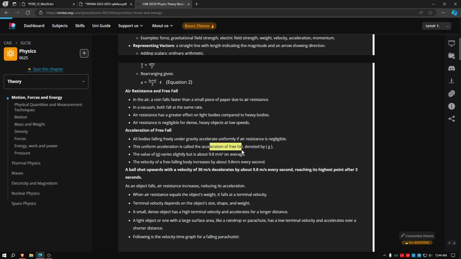This acceleration due to gravity is given a special constant, g. g equals 9.81 meters per second squared on average. So the velocity of a free falling body increases by about 9.8, let's just say, meters per second every second.